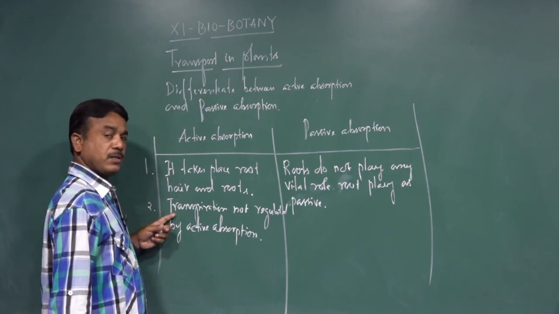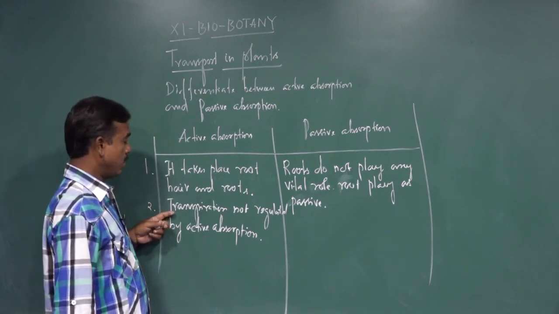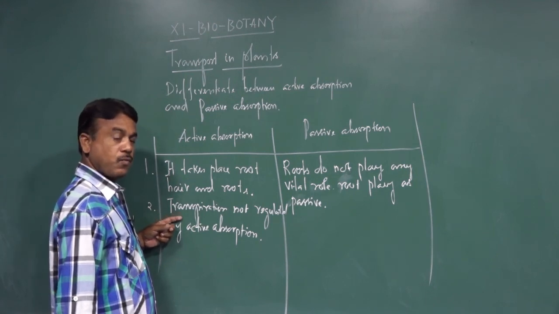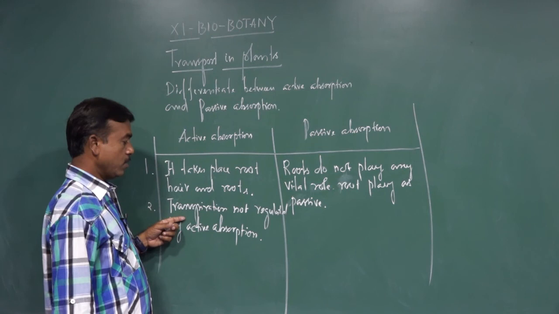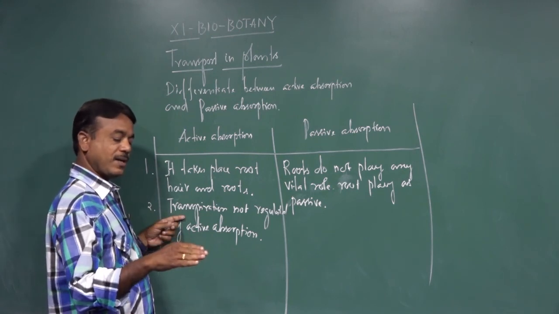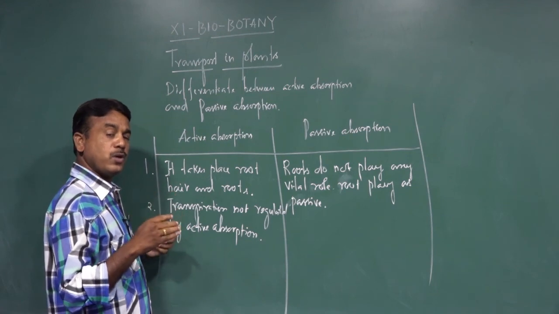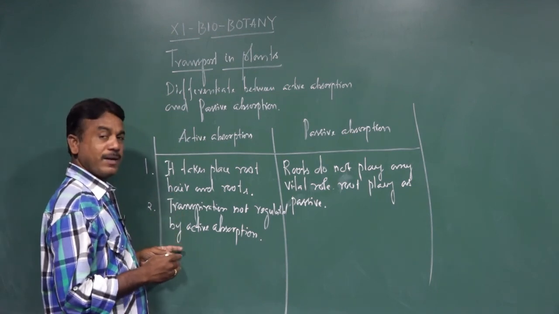Transpiration is nothing but loss of water in the form of water vapor. In the presence of sunlight, transpiration takes place, so there is no need to depend on any absorption.